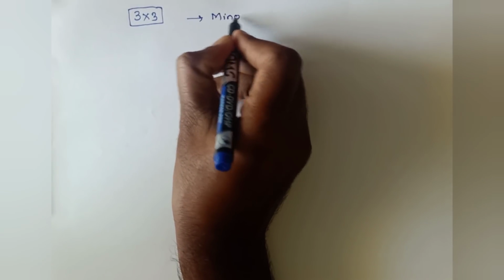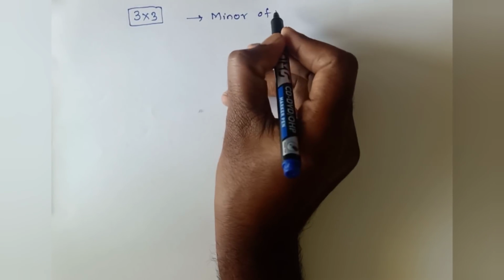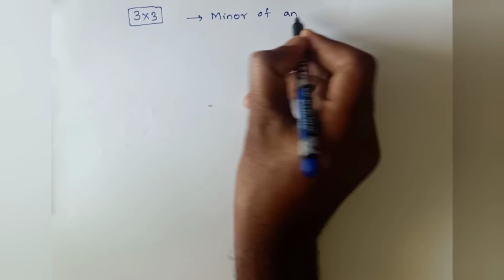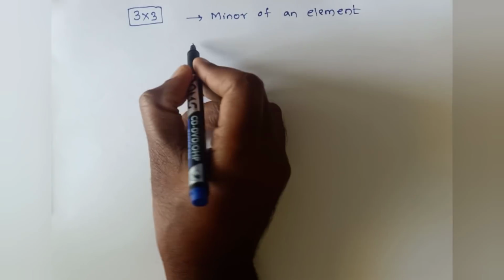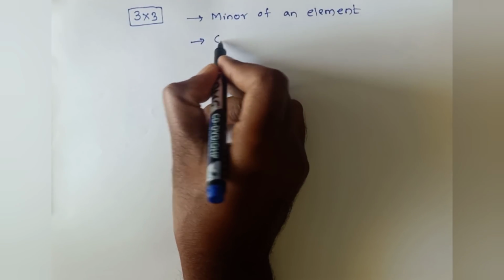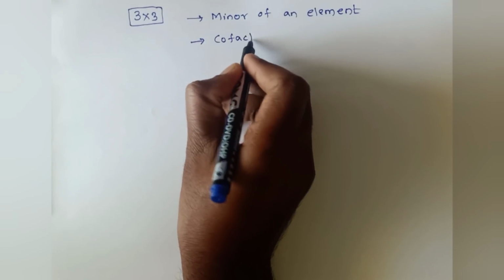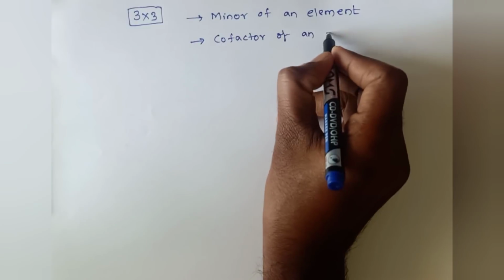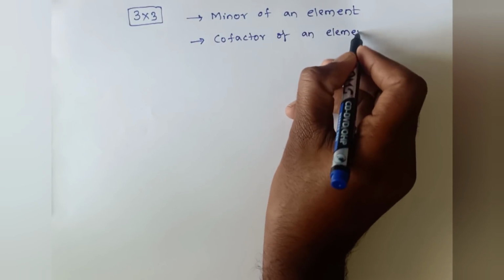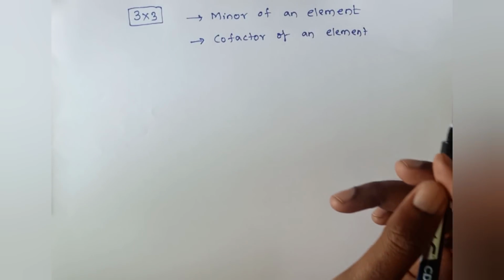The first is the minor of an element, and the second term is the cofactor of an element. So let's see what is the minor.